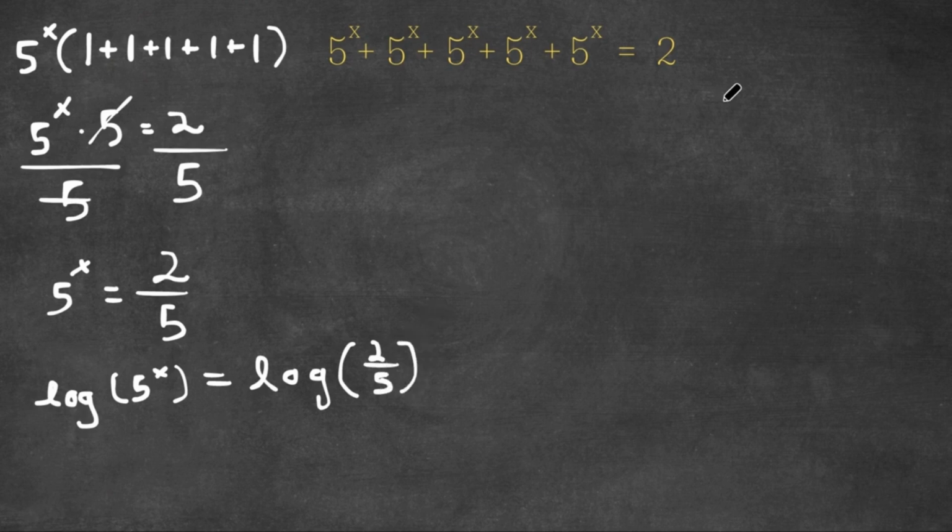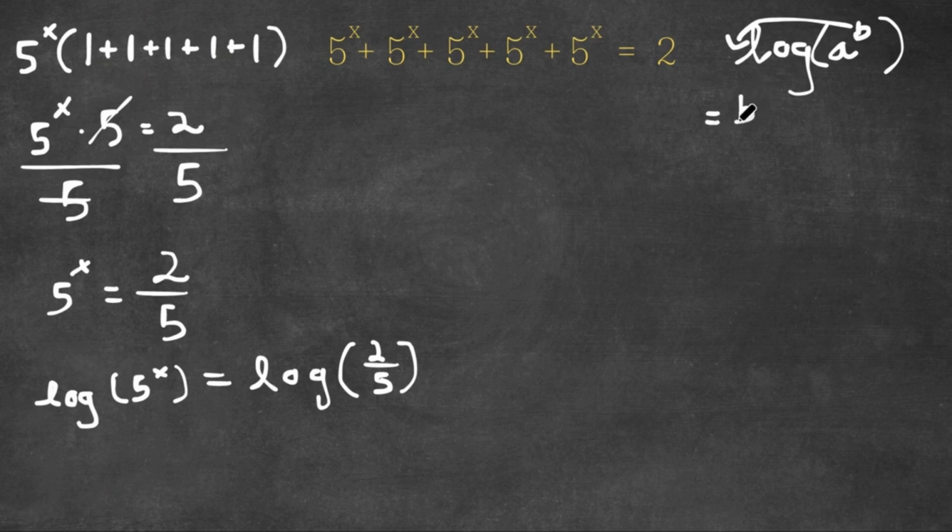Now, an important property of logarithms is that if we have something in the form log a to the power of b, the power property of logarithms states that we can actually move this exponent b to the front of the logarithm. So this would actually equal b times log a.